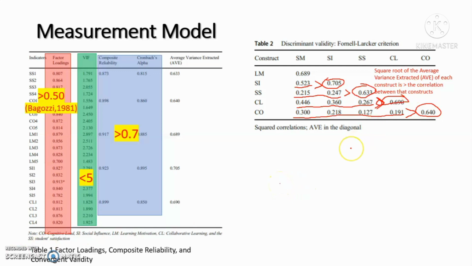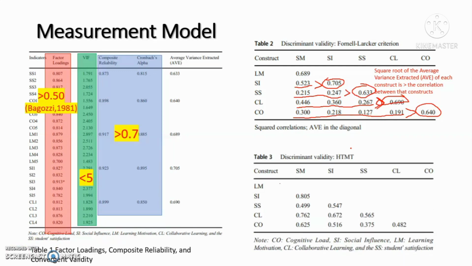Now let's also see the value of discriminant validity, or HTMT value, and we see the model is valid if the HTMT value is smaller than 0.9.